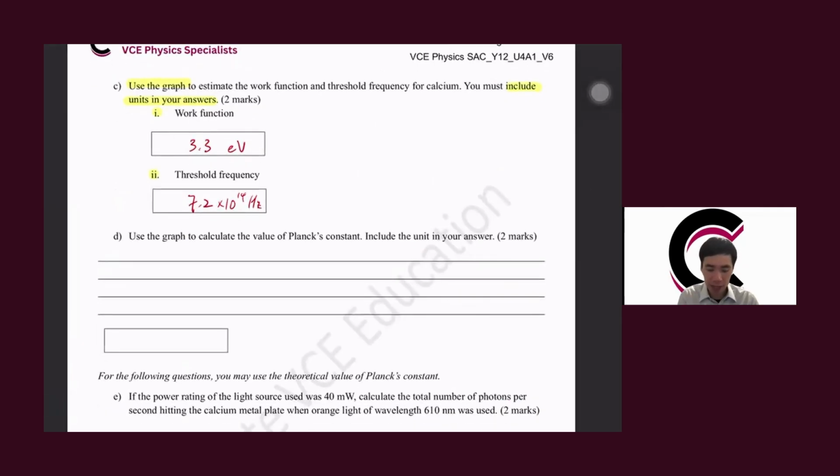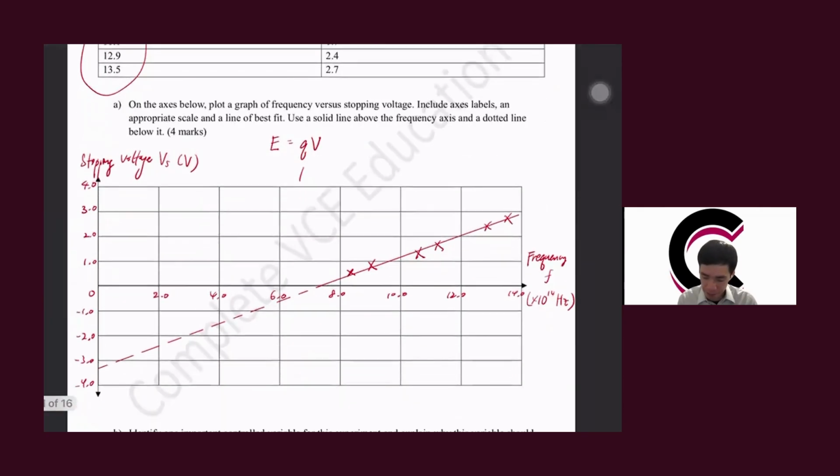Next, use the graph to find the value of Planck's constant. Include the unit in your answer. Now if you think about this graph, EK max equals hf minus the work function. EK max can also be expressed by QV, the stopping voltage. If you think about y equals mx plus c, you can align it.